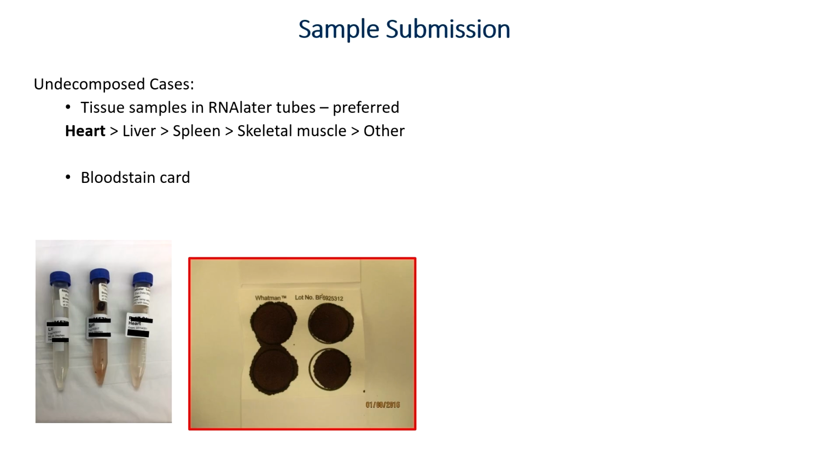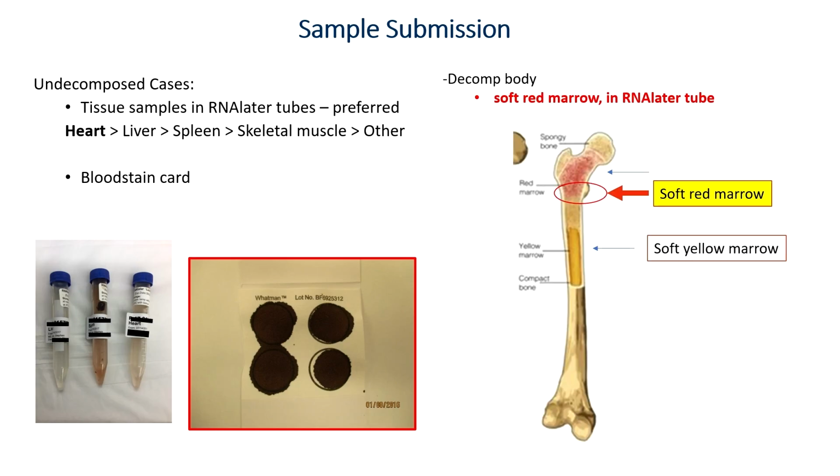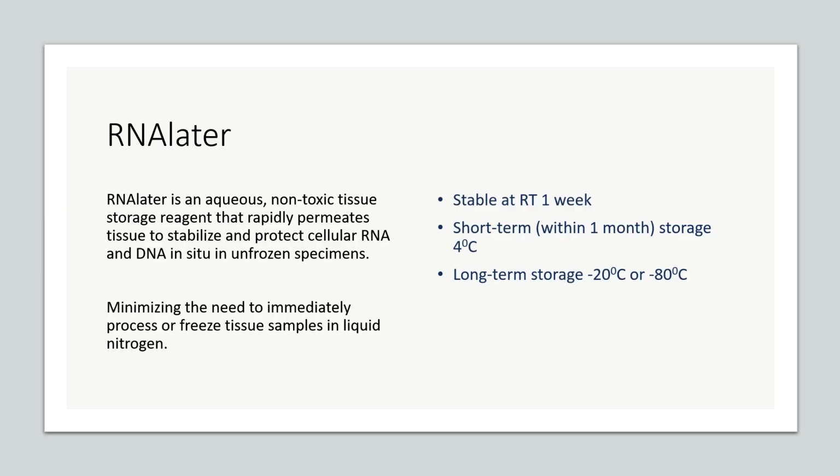In decomp cases, we recommend to collect soft bone marrow, preferably red marrow if possible, in Aerator tubes. Aerator is a liquid, non-toxic tissue storage reagent that rapidly penetrates into the tissue and stabilizes and protects the RNA and the DNA in unfrozen specimens.